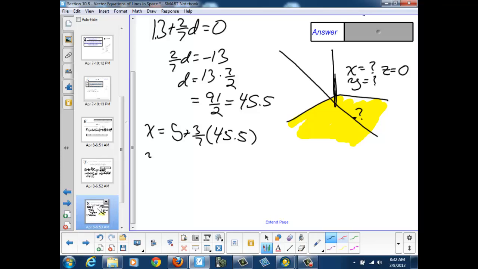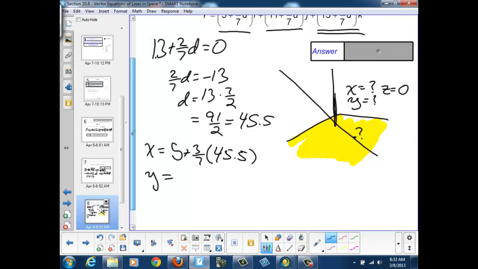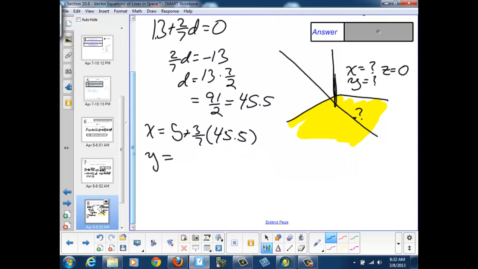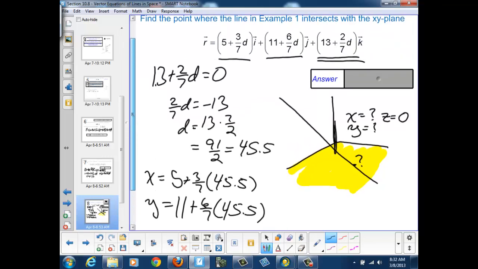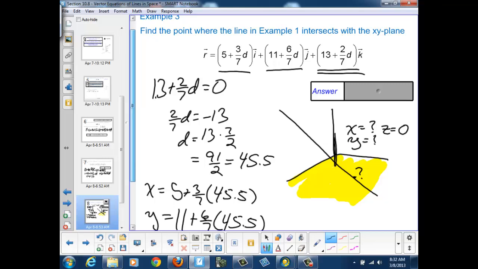And my y-coordinate is going to be 11 plus 6/7 times 45.5. So that tells me that my coordinates are going to be negative 14.5 and negative 28 and 0 for z.